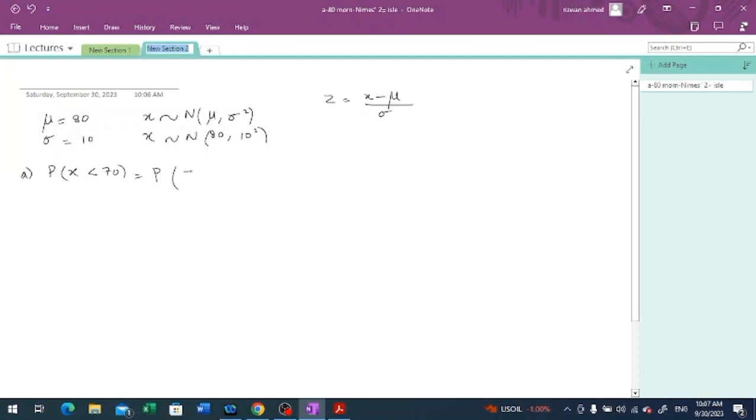So we get z below (70 minus 80) divided by 10. This is one way of expressing your conversion. Another easier alternative is you do this entire conversion separately and just substitute the answer with the inequality sign over here as the probability of z below -1.